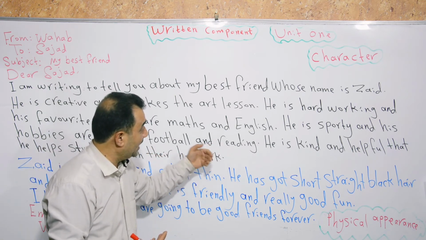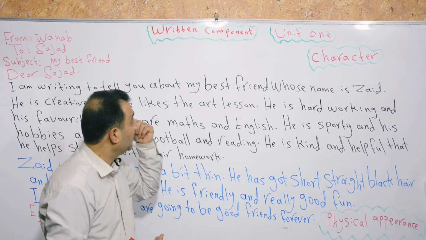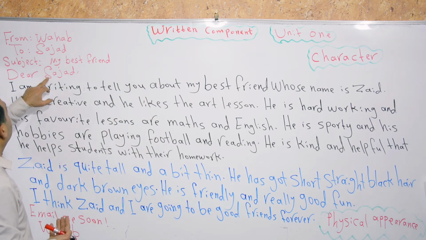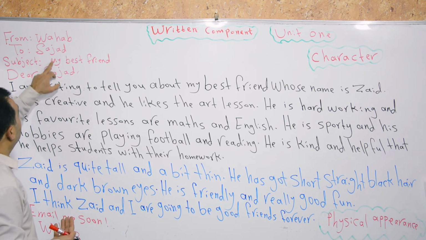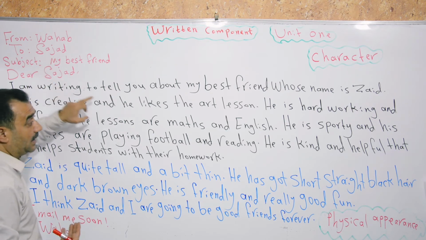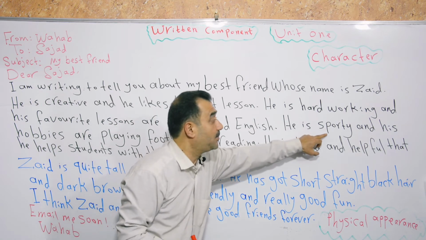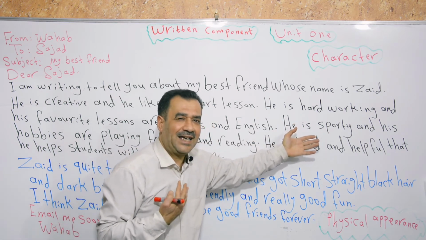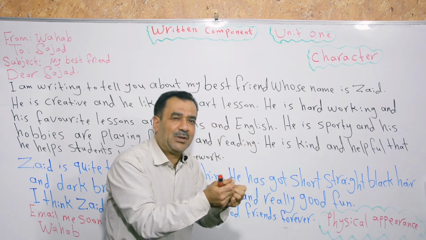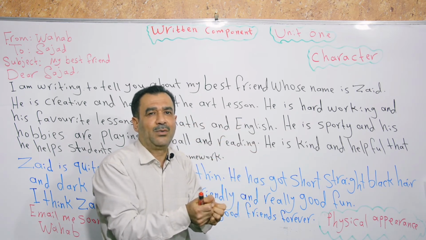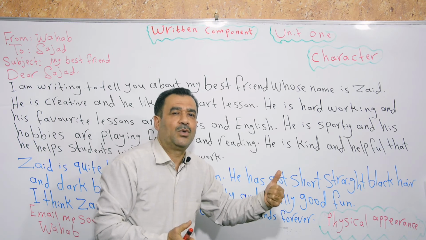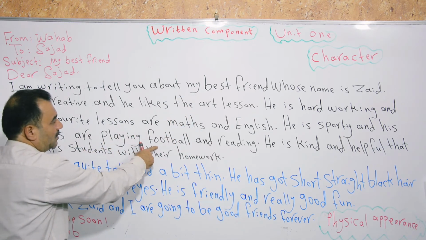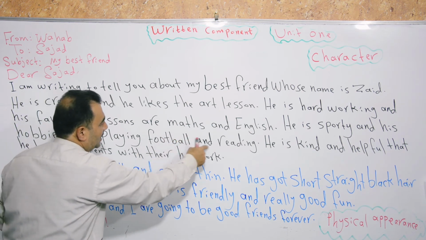So we told our friends, for example, Wahab told Sajjad that his friend is sporty. So when I say he is sporty, I can connect two ideas with what? With his hobbies, which are related to what? To playing football and reading.